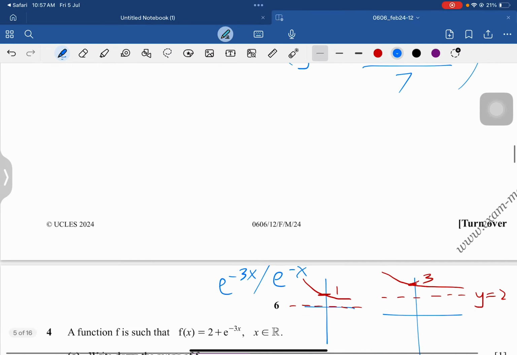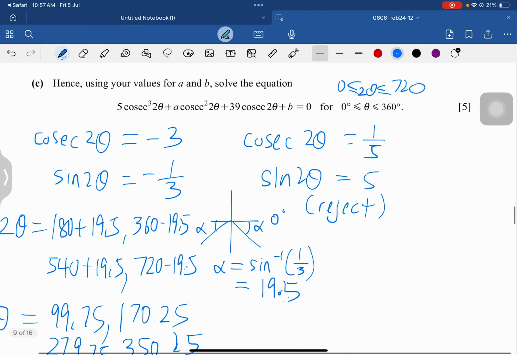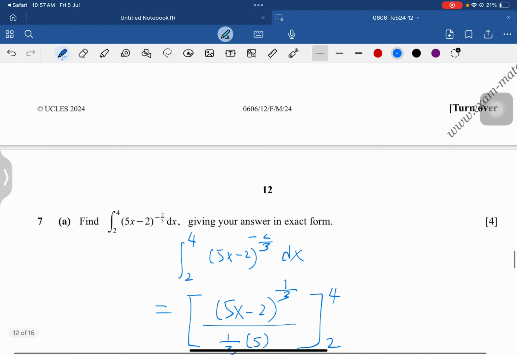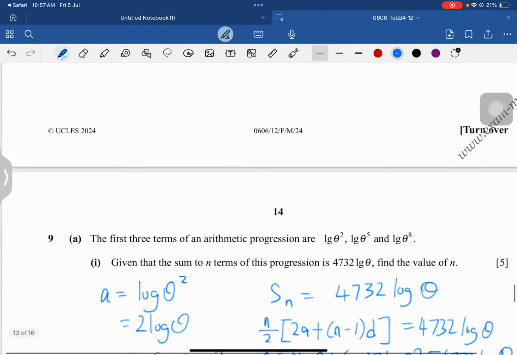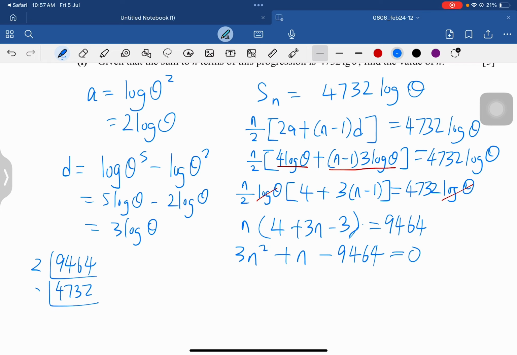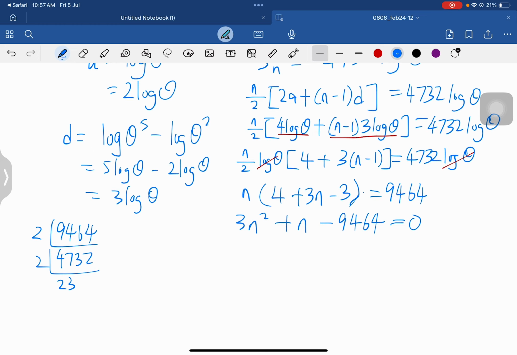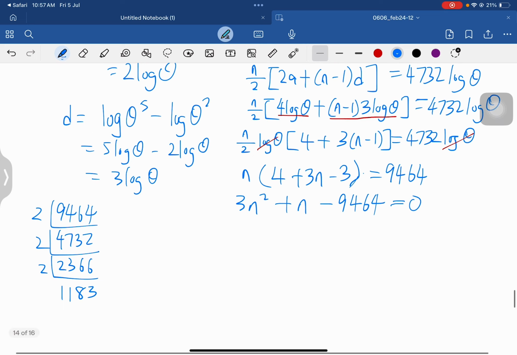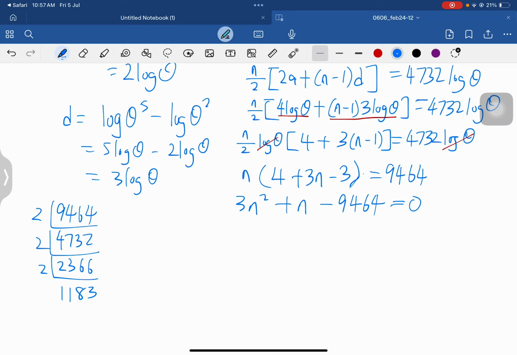And if you are using calculators, if you know the function, you can actually do it and see what number to apply. 9464 divided by 2 is 4732, divided by 2 is 2366, divided by 2 is 1183. 1183 is a unique number.